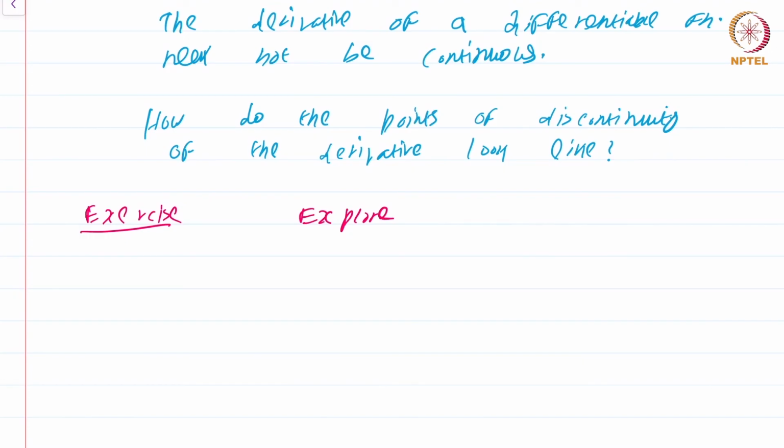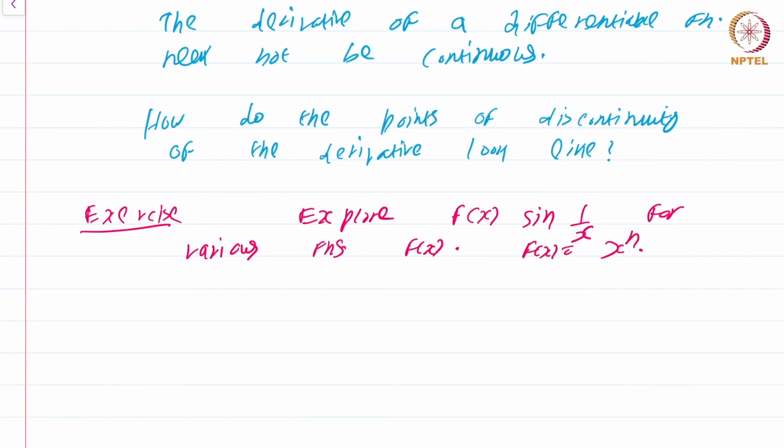Explore f of x sine 1 by x for various functions f of x. One recommendation is f of x equal to x to the power n. We have already seen x and x squared, so try higher powers. What happens? And can you temper sine 1 by x in different ways? How can you adjust the behavior at the origin by multiplying by various other functions f of x, and see what happens?